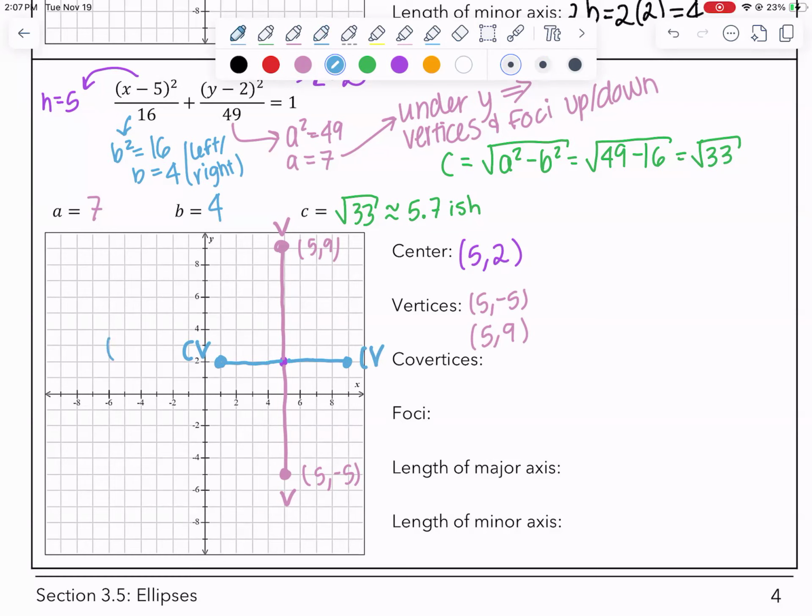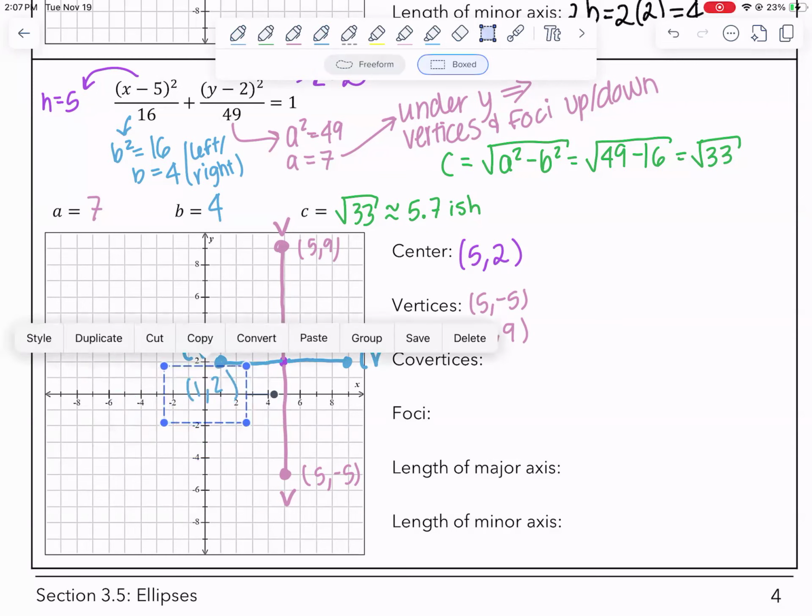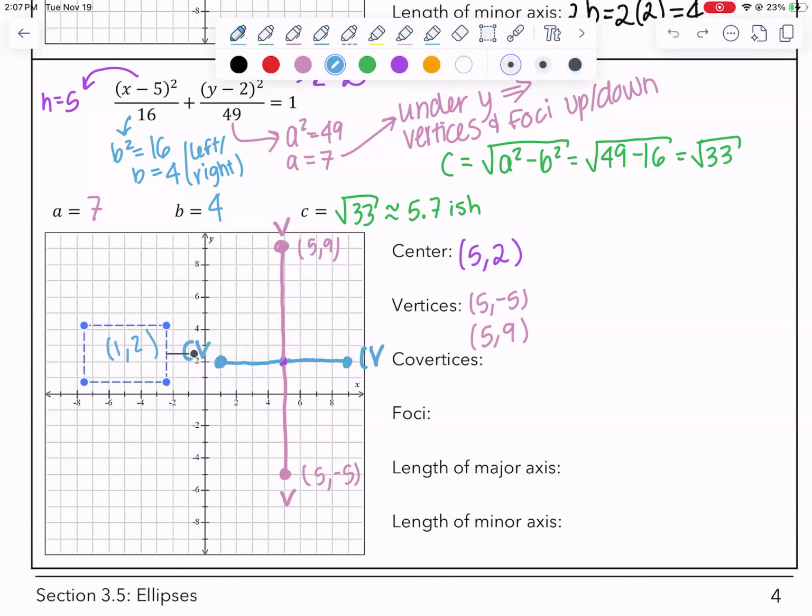So we have the point 1, 2 for this guy here. And then up here, this is going to be the point, let's see, 9, 2. So we have 1, 2, we have 9, 2.